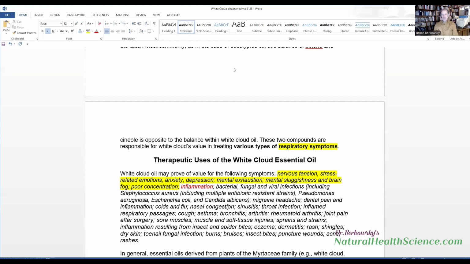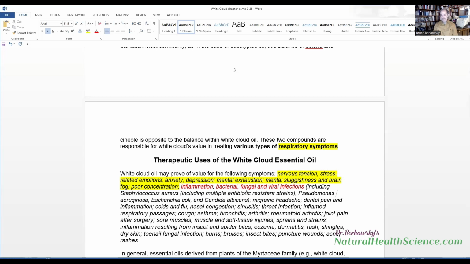But let's move on. The infections: bacterial, fungal, and viral. So this is a very broad spectrum. You can use it for bacterial infections. And again, we don't know, because I don't know if it's never been studied or it has been studied and somehow nobody's talked about it, whether it was effective or not in terms of Lyme disease. Remember, this is tick bush.